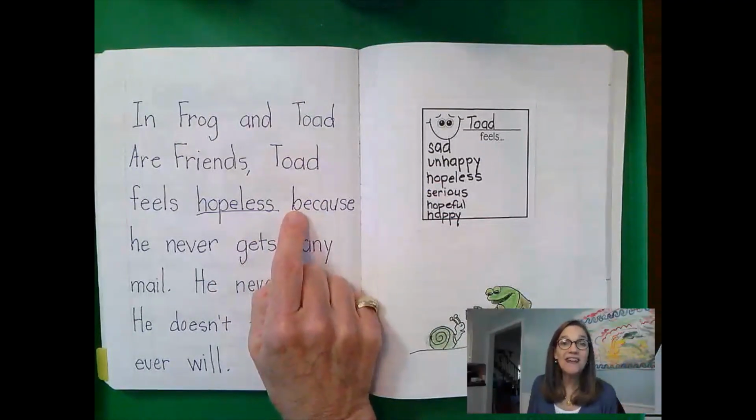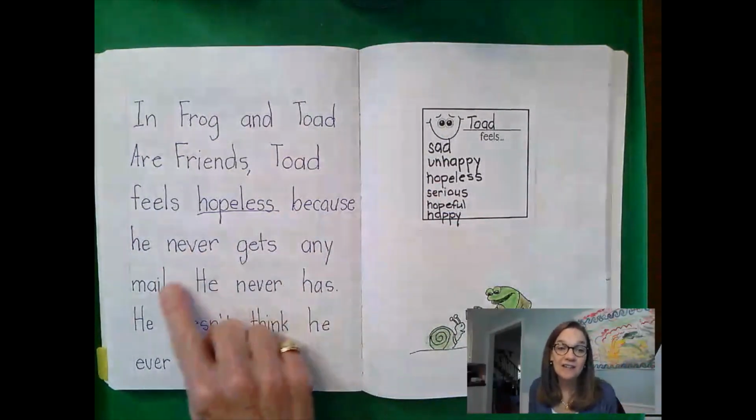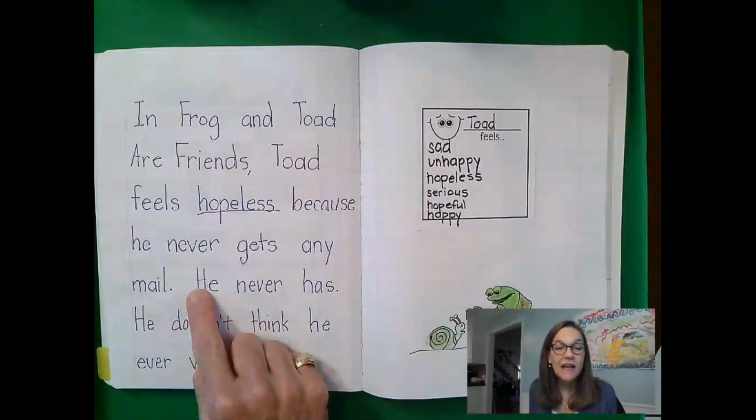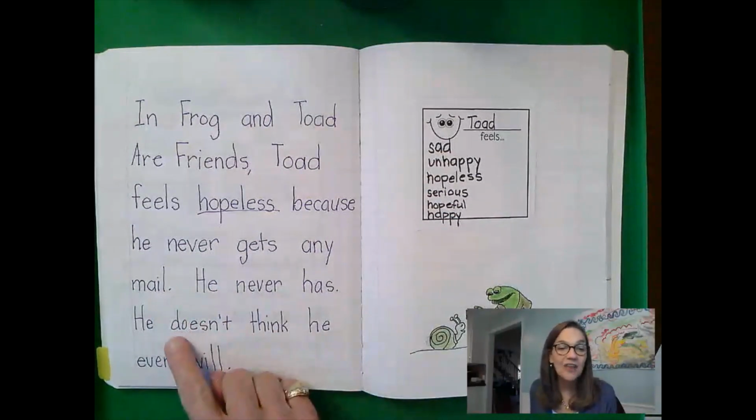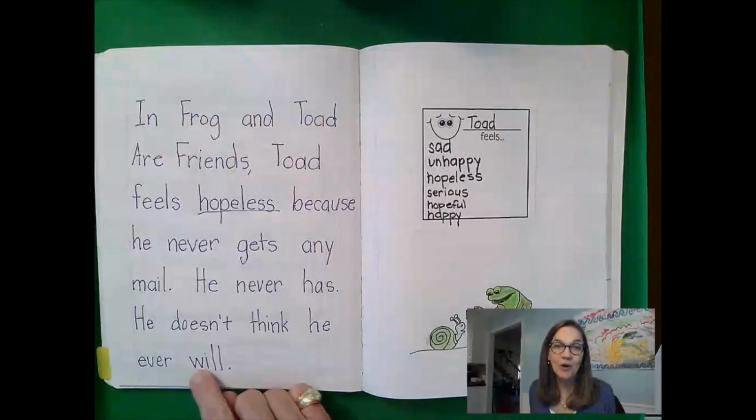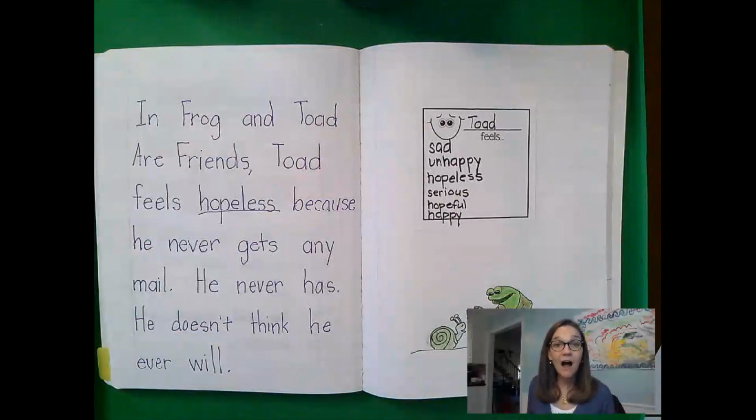He feels hopeless because he never gets any mail. He never has, he doesn't think he ever will. Now, I didn't go back and copy those words out of the book. I just remembered that that's what he said he was feeling and why he said he was feeling that way.